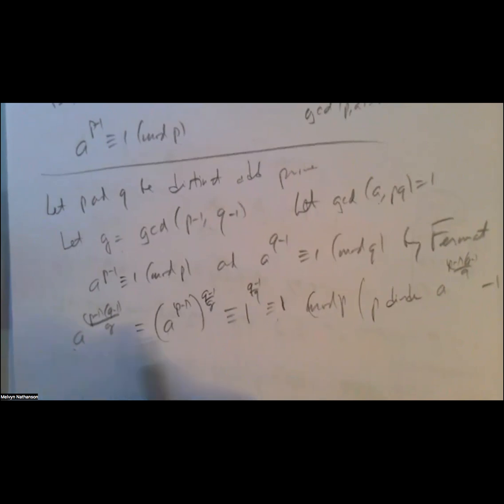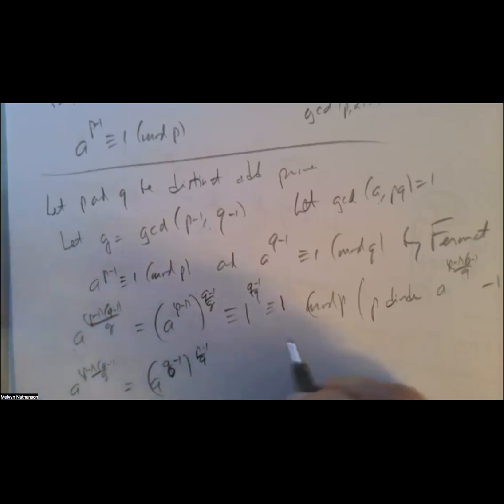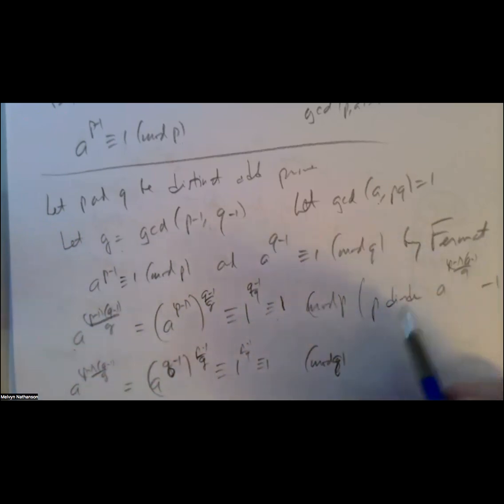And if I also look at this mod Q, I can write A to the P minus 1, Q minus 1 over G as the same as A to the Q minus 1 raised to the P minus 1 over G power, mod Q. This is 1 to the P minus 1 over G, which is 1. So P divides this number minus 1, and Q divides it.